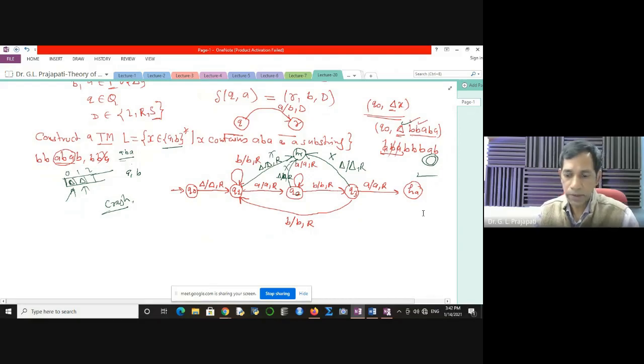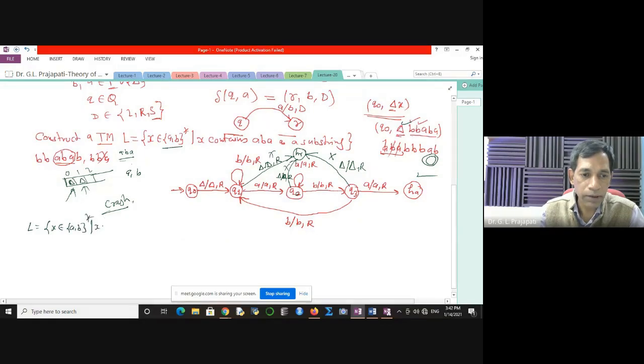In some cases, like if you consider the language L, the set of X taken from {A,B}*, such that X ends with ABA. If you are given a language like this, every string is valid if the last three symbols are ABA.